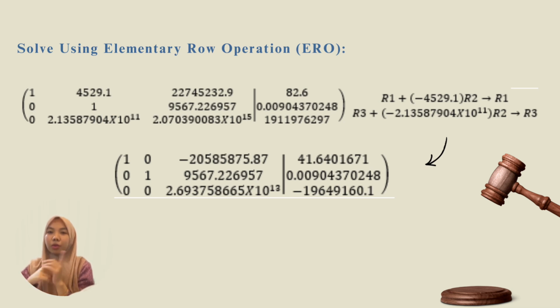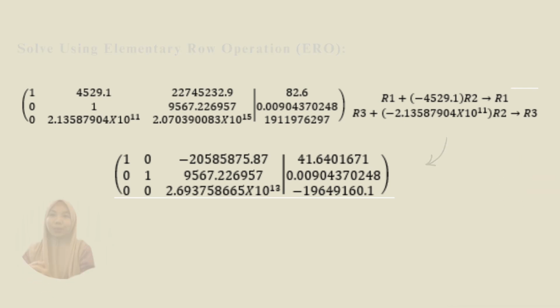So we add row 1 with negative 4529.1 times row 2, and for row 3, we multiply negative 2.13587904 times 10 to the power of 11 and add it to row 3. Then we can get below and above the leading 1 are 0.